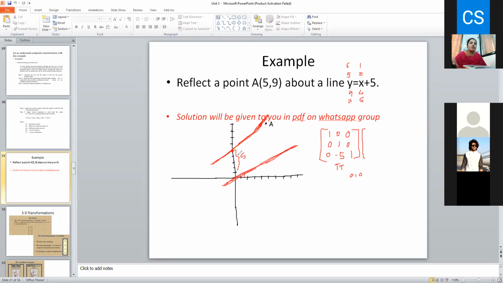In that I am not changing the x parameter. I am changing only y with -5 value. So for any point where x is equal to 2, suppose x is equal to 2 here, what is the corresponding y value that we will find out.